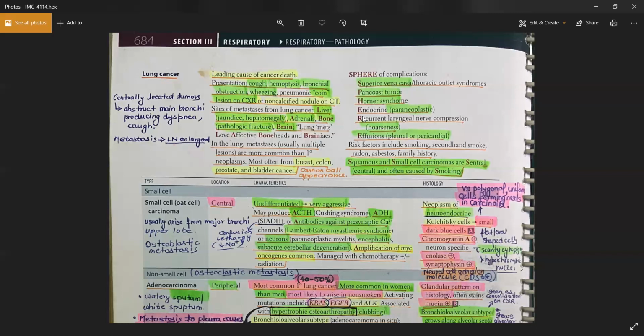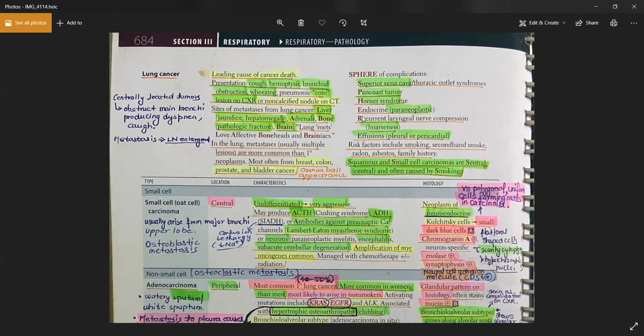Can anyone tell me, among the right or left recurrent nerve, which nerve will be most commonly compressed? Left. Why left? Left enters the thorax, and the right simply enters the neck region and does not enter the thorax.